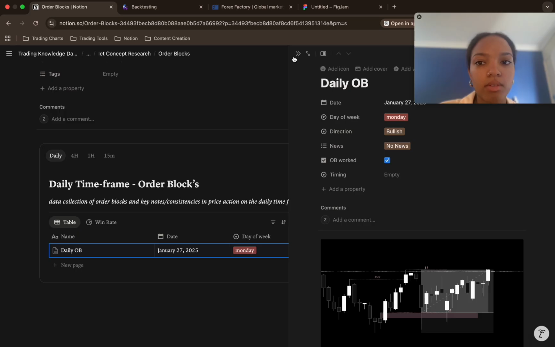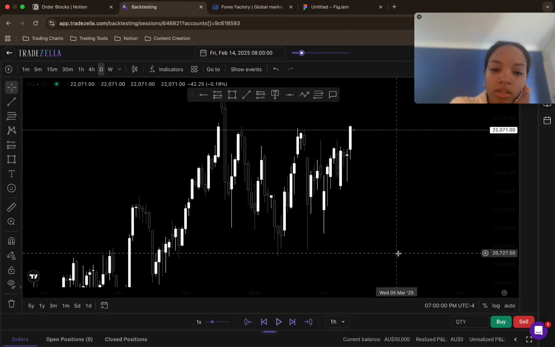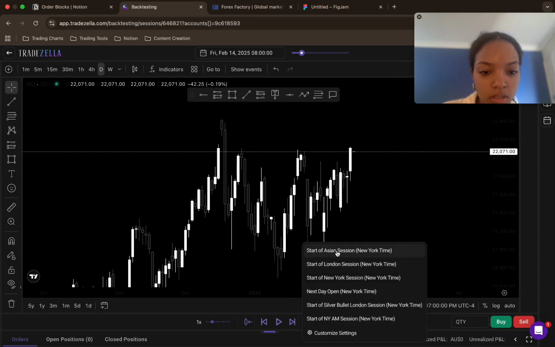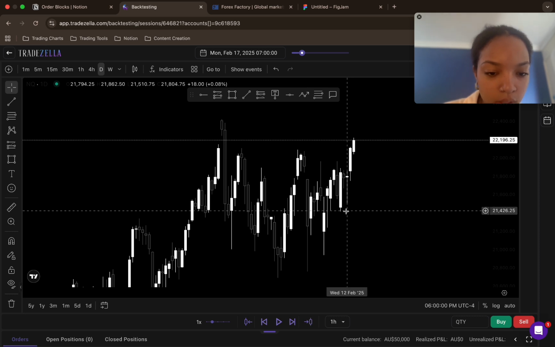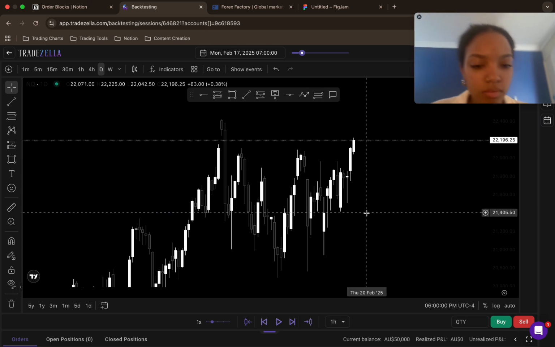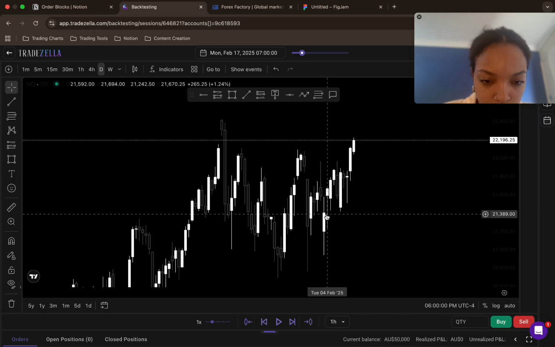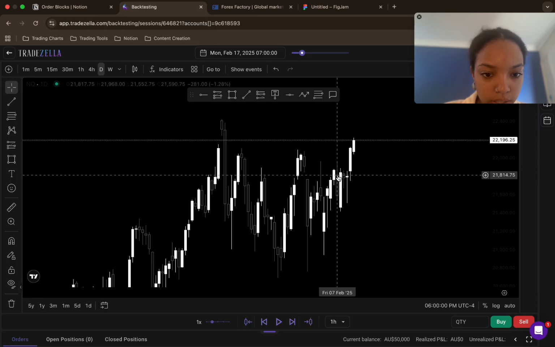Well, that's that one. So let's go back to the backtesting and see what we have. We're about to break structure. Okay, we've broken structure here. Where do we break structure from? This one's a tricky one. Guess it would be this candle here.